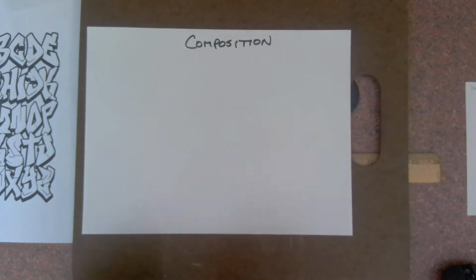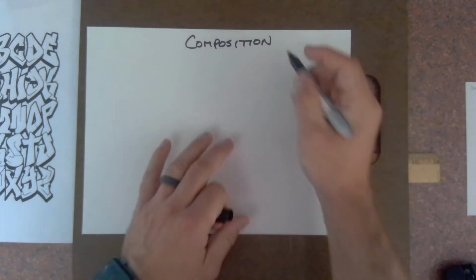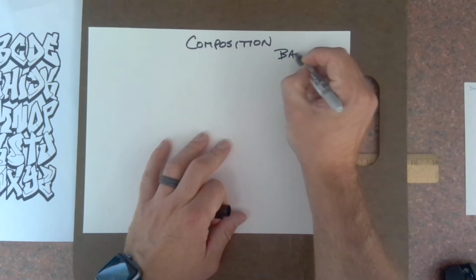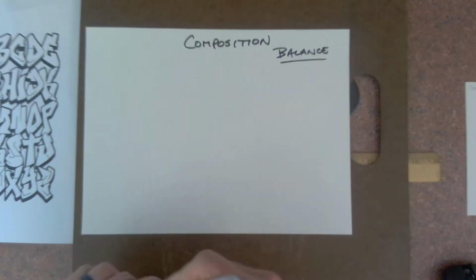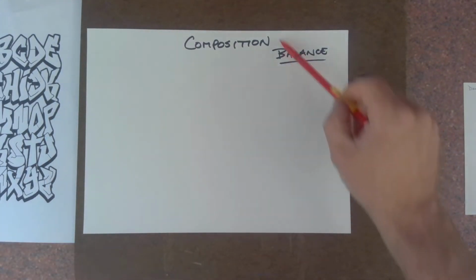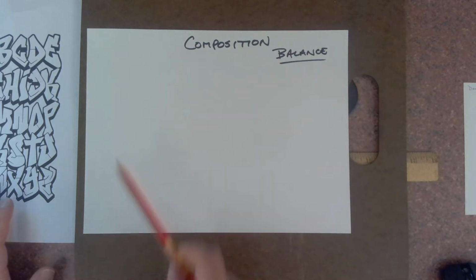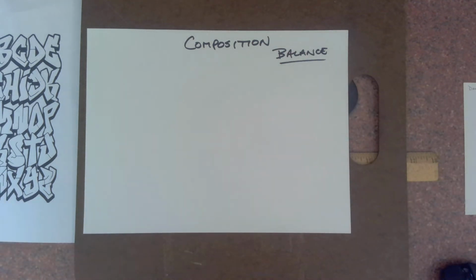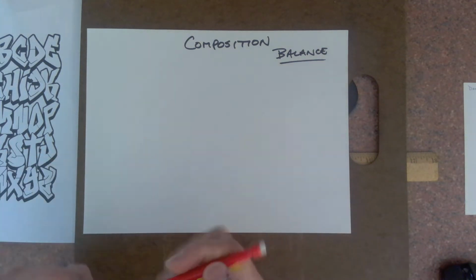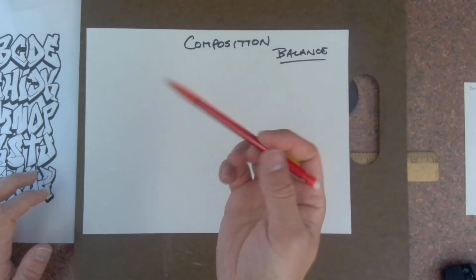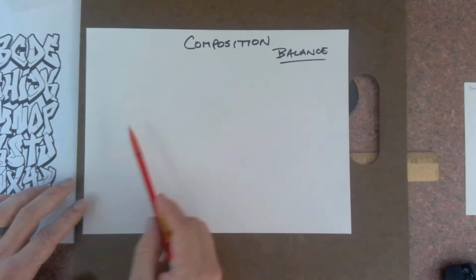Well, one of the principles of design that we need to focus on for this project is balance. And the start of our project needs to show balance, so we need to find a way to balance the letters on our paper. Now here's how this works. What I want you to do is just very lightly, so to draw a little bit of a lighter line, you can hold the end of your pencil.